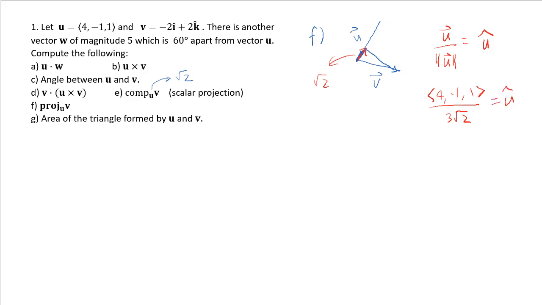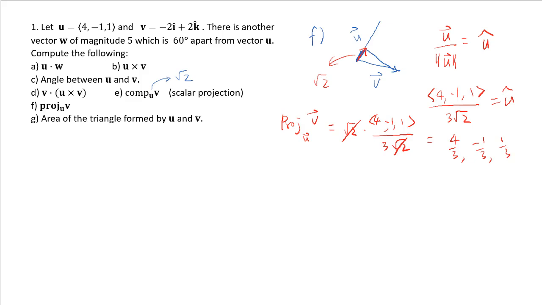Now what we have to do is multiply this radical 2 by this to get the projection. Therefore, the projection of vector v onto the vector u is radical 2 times 4, -1, 1 over 3 radical 2. Radical 2, radical 2 cancel, and you get 4 over 3, -1 over 3, 1 over 3.